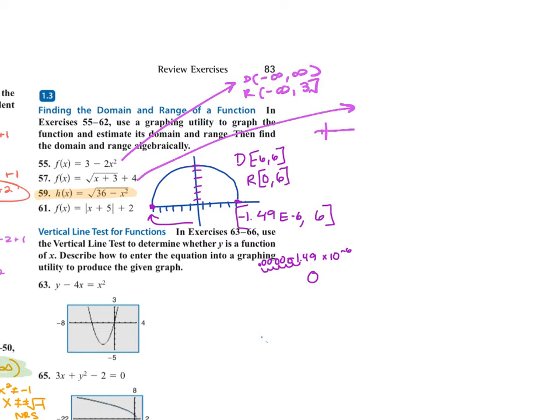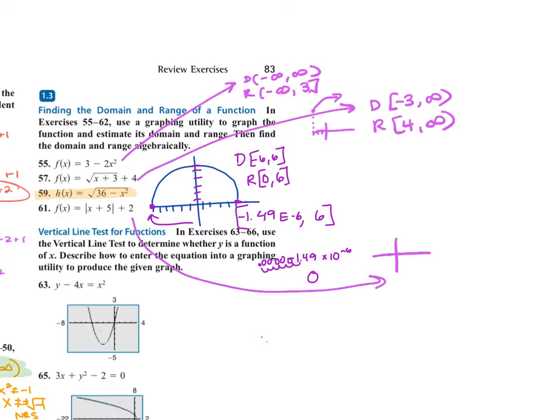So this is left, up. So the domain would be -3 to positive infinity, and the range would be 4 to positive infinity. This would be an absolute value, left 1, 2, 3, 4, 5, up 2. So domain is negative infinity to positive infinity, and range is 2 to positive infinity.